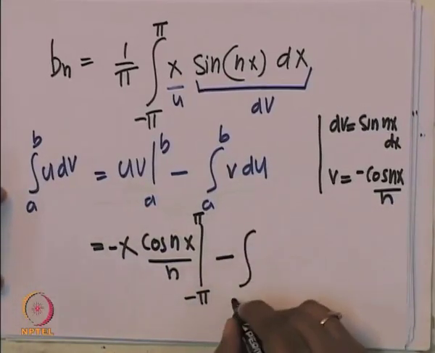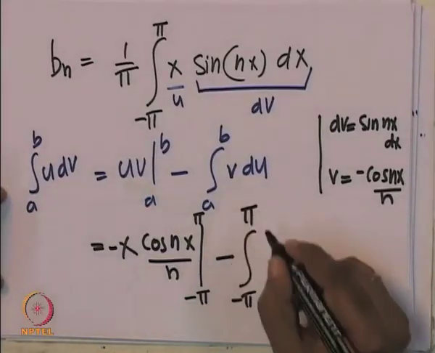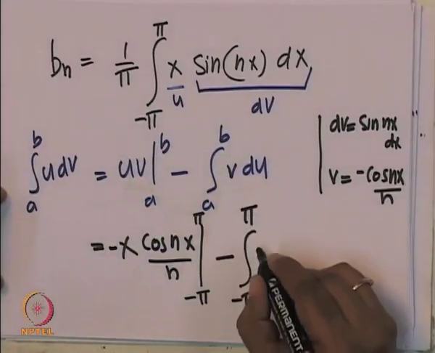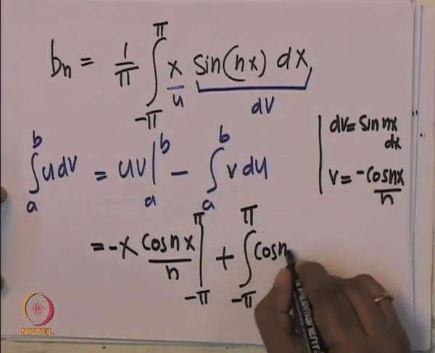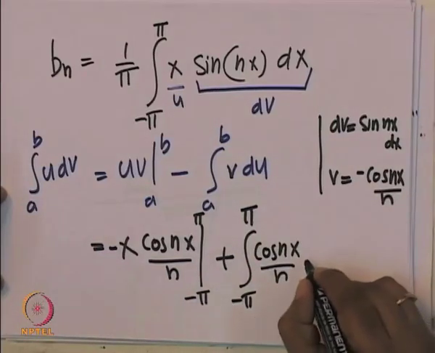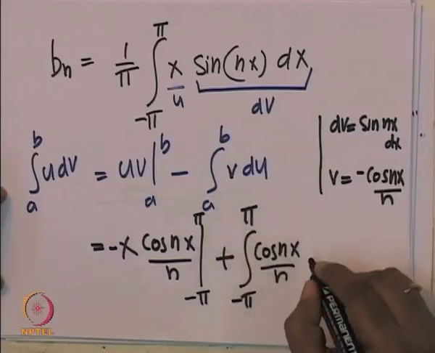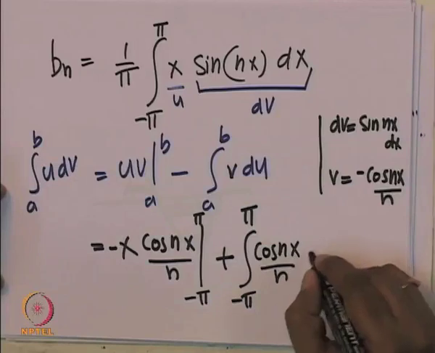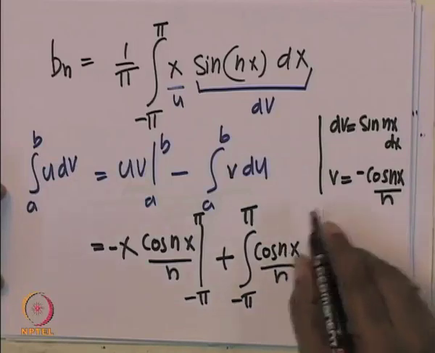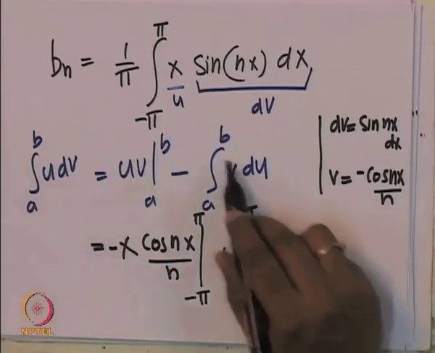minus integral minus pi to plus pi. V is again minus cos n x by n, so this will become plus cos n x by n, and dx is 1. So, this is cos n x by n, and this is du, and du is 1.